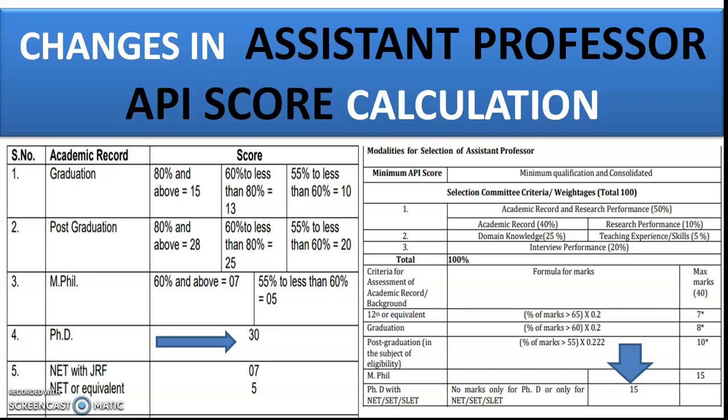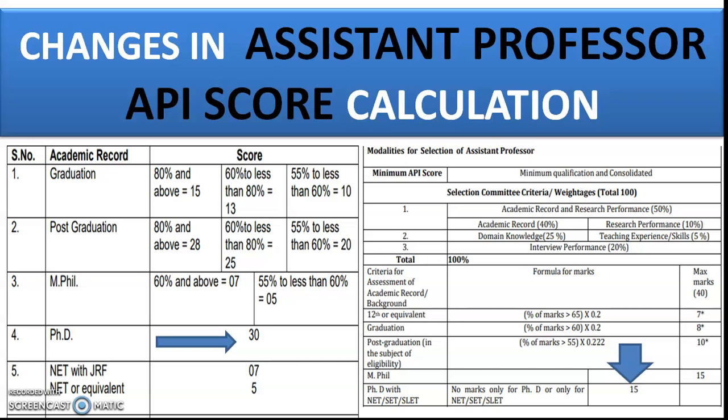First of all, I will tell you the procedure. If you apply for the permanent assistant professor vacancies at any government university, then based upon the details you fill in the online application form, that means your graduation score, post graduation percentage, MPhil or PhD, or NET with JRF, they are going to take the API table.